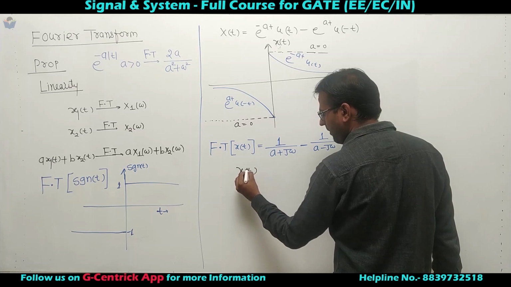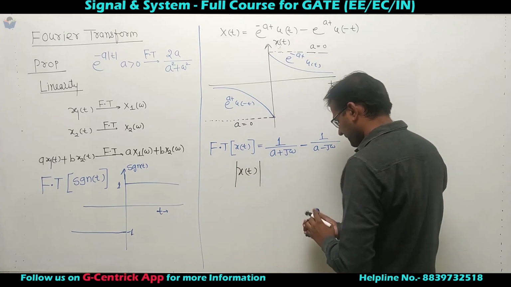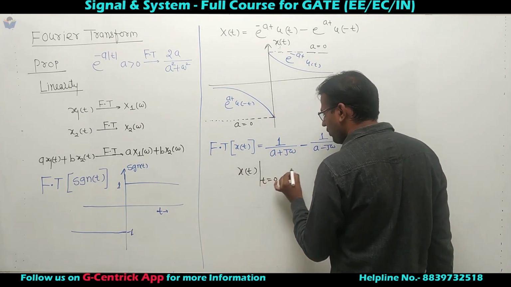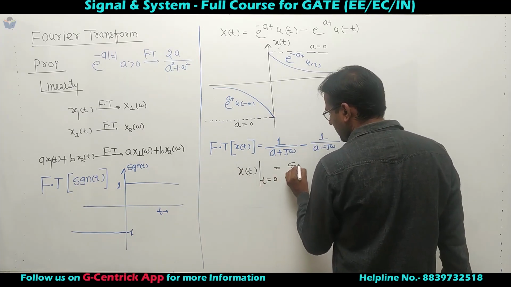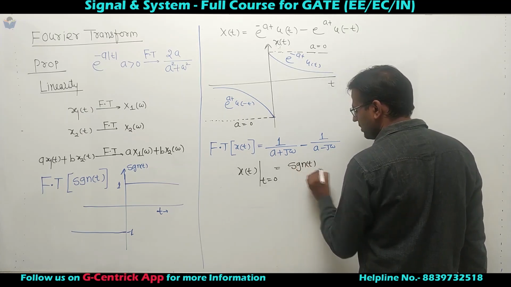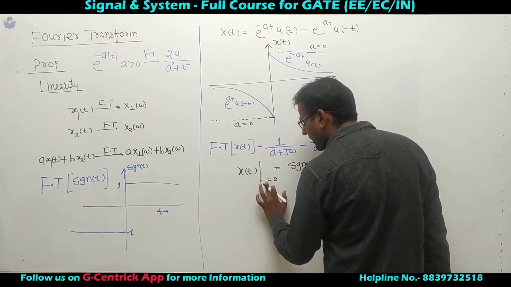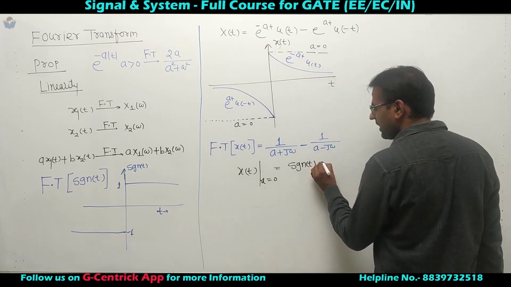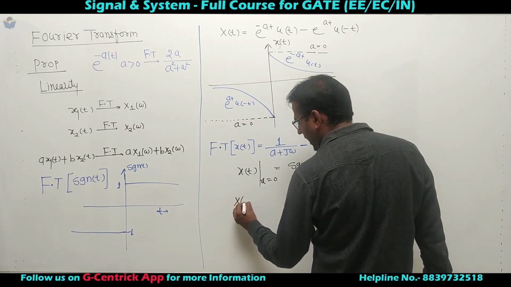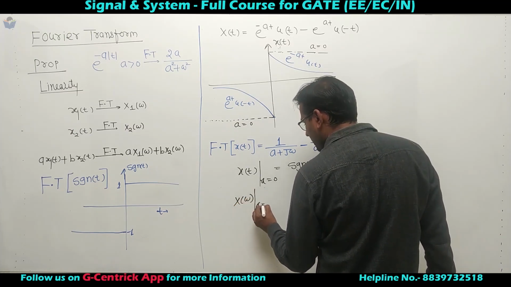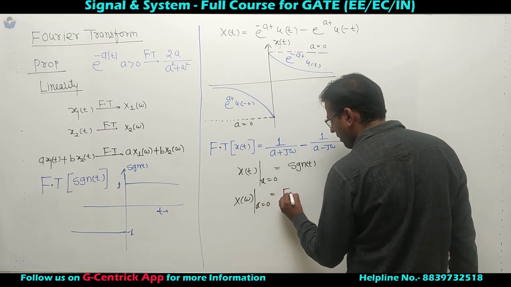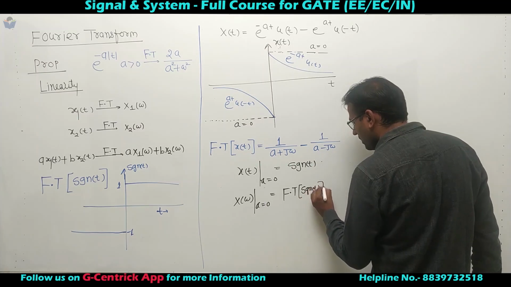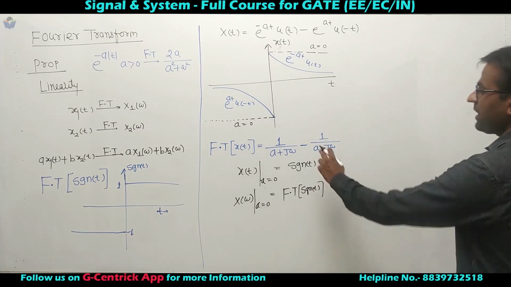So I can say x of t, by making a equal to 0, is signum of t. So I should say the similarity can be applied: X of omega at a equal to 0 will give you the Fourier transform of signum t. So let's make a equal to 0.